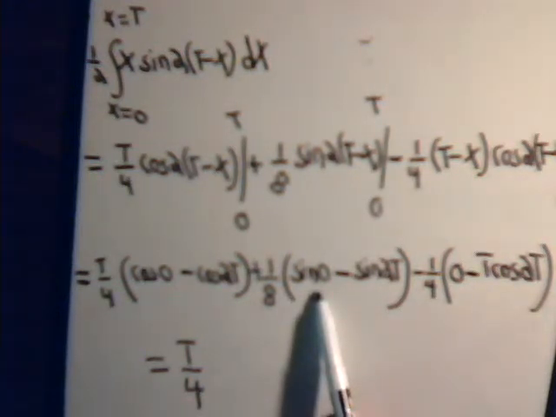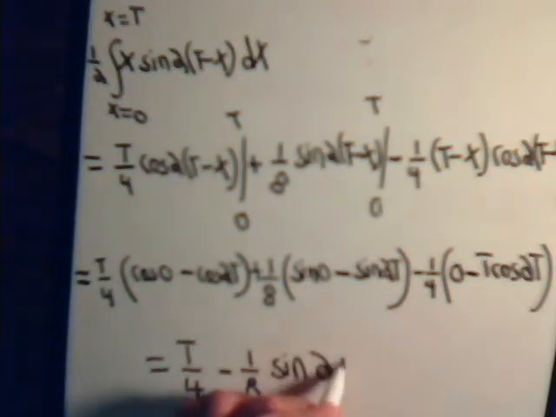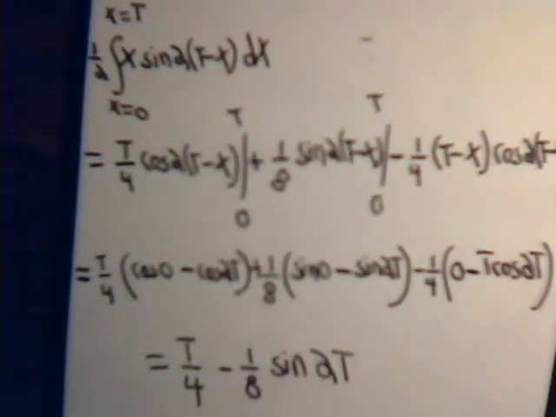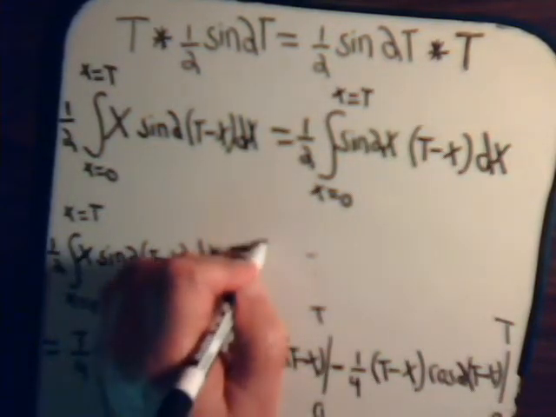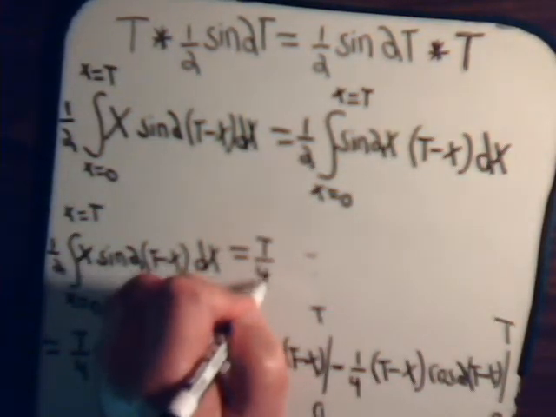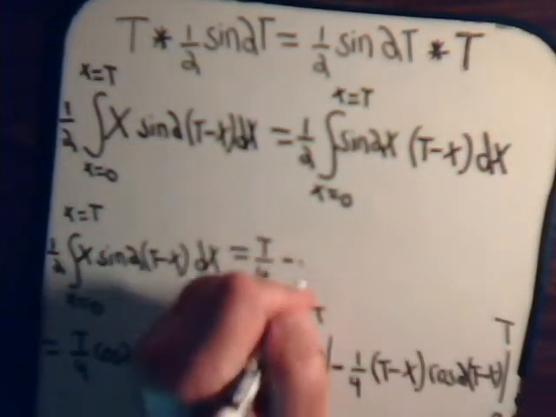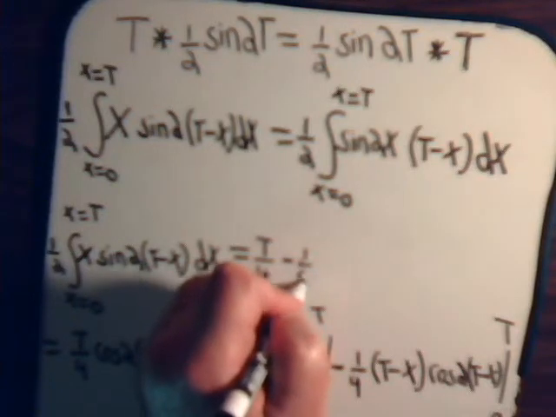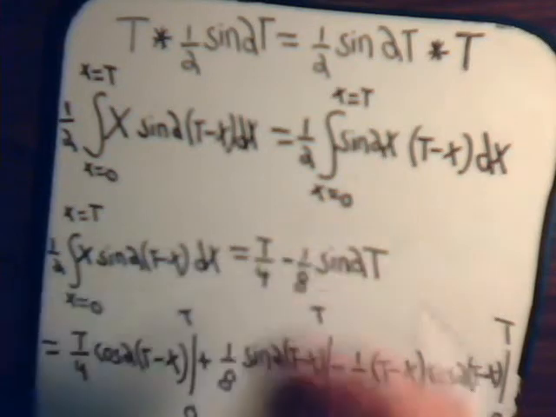This is 0, so you have minus 1/8 times the sine of 2t. So this integral equals t over 4 minus 1/8 times the sine of 2t.